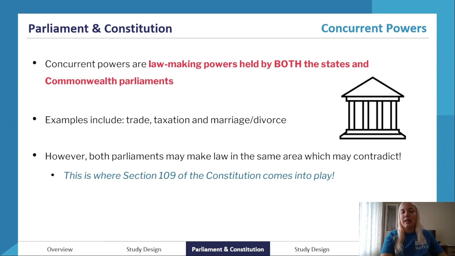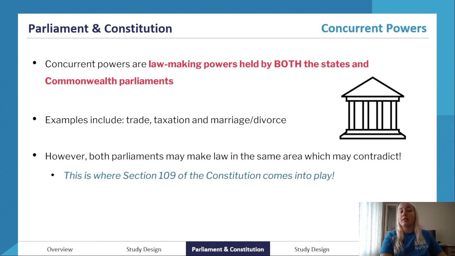Wouldn't we have those overlapping laws or different laws if that is the case? And this is where Section 109 of the Constitution comes into play, which explains exactly what will happen if both a state parliament and a Commonwealth parliament make law in the same area and the laws contradict. So we'll look at that in a second.